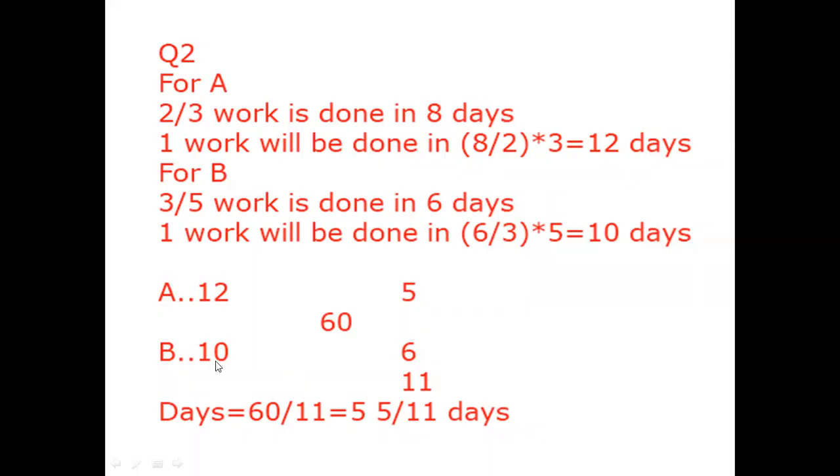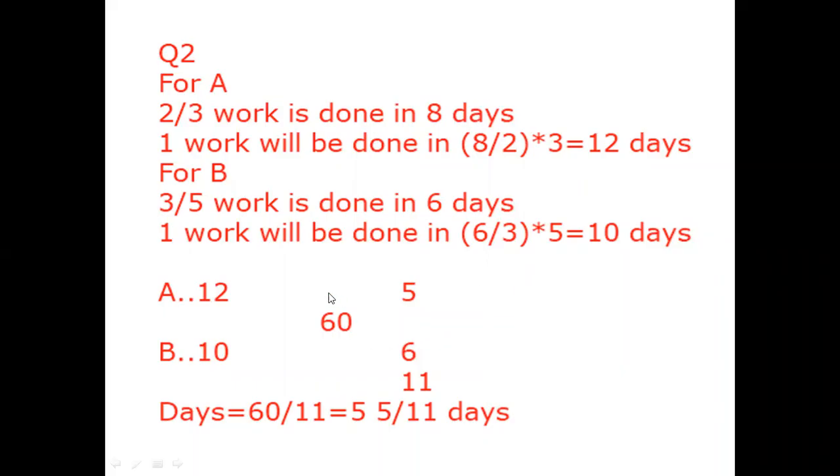Find LCM of 12 and 10, you're getting 60. Divide 60 by 12, you're getting 5. Divide 60 by 10, you're getting 6. So 6 plus 5 is 11. Now you have to find when A and B are working together. If you use that formula again, ED equal to W, D will be equal to W upon efficiency.